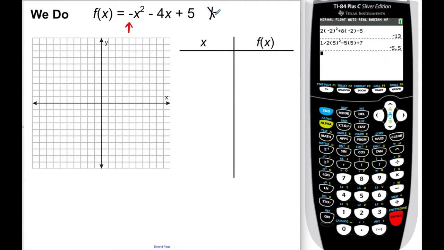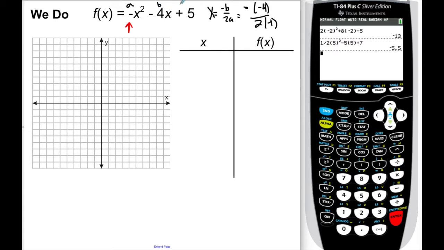We have x equals what? Negative b over 2a. Let's find our vertex. So b is negative 4, so it's minus negative 4 over 2 times negative 1, because negative 1 is the a, negative 4 is the b, right?